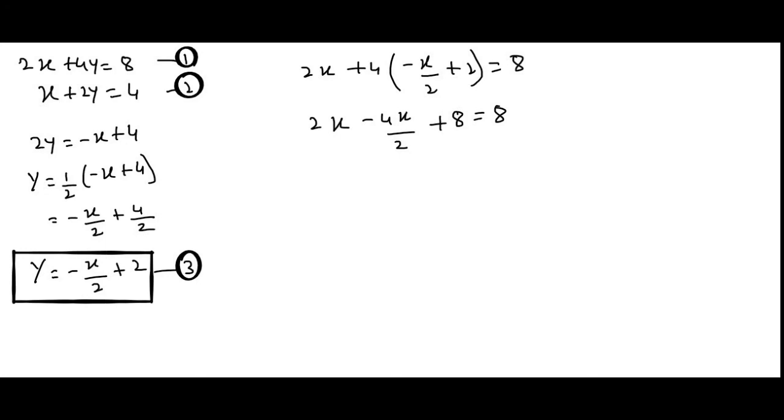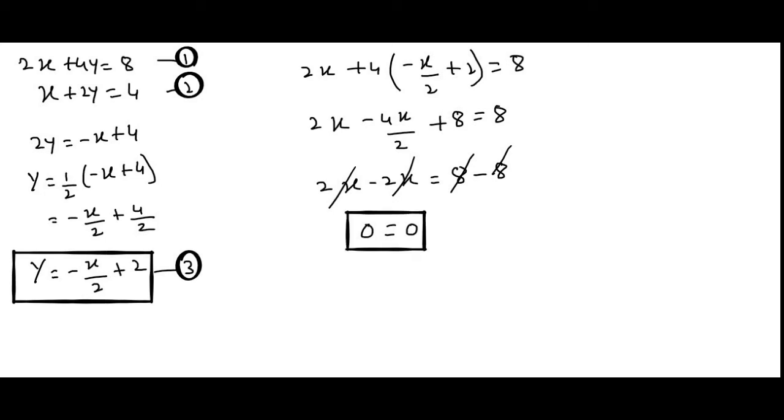Simplifying, we get 2x minus 2x is equal to 8 minus 8. So cancelling this term, this term, this term and this term, we get 0 is equal to 0. Now as discussed earlier, the 0 is equal to 0 form shows many solutions. So this is the answer.